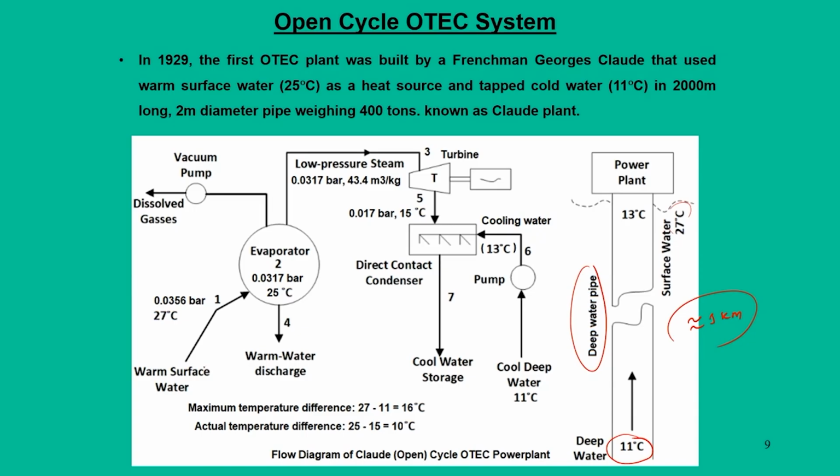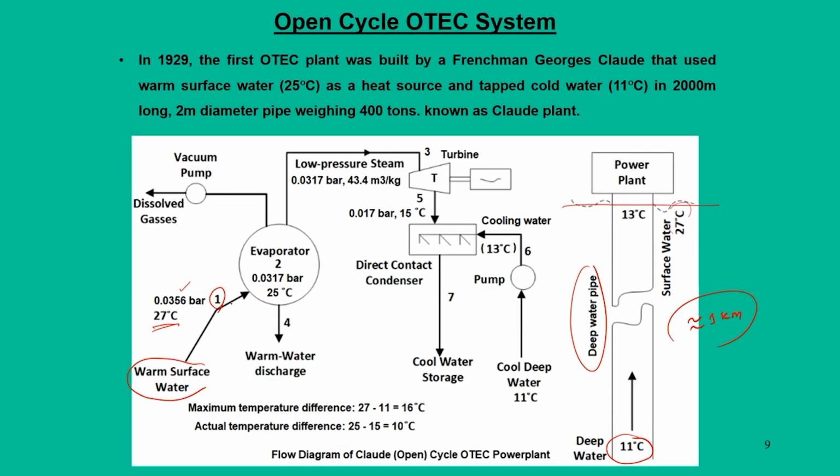First is the warm surface temperature, which is available somewhere in these locations. You take this as the inlet, that is state 1, which is available at 27 degrees centigrade and, corresponding to its saturation pressure, if you refer to the steam table, this number will be 0.0356 bar.